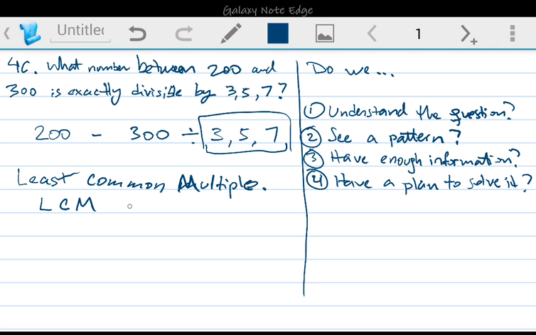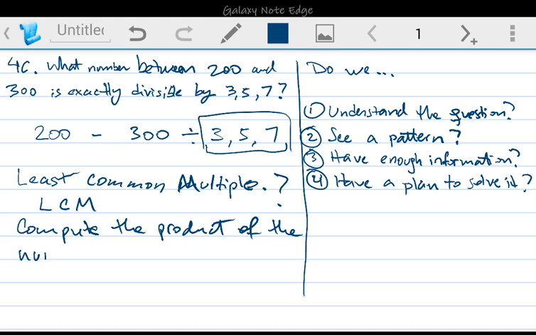Okay, and how do we compute the least common multiple? Very simple. We just compute the product of the numbers of interest.